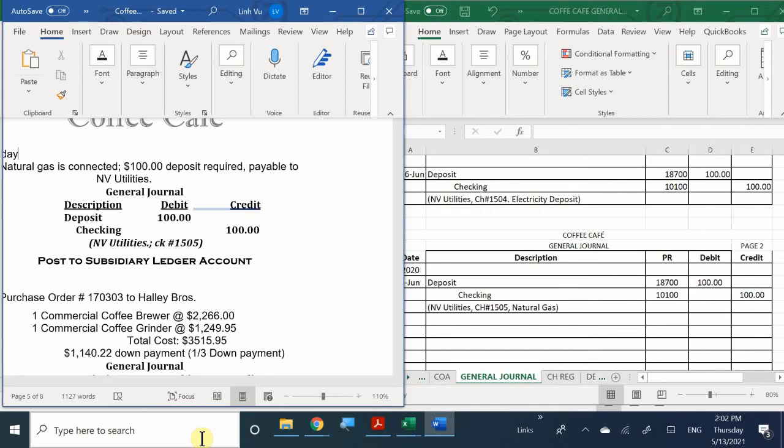And here is the price point that they have in their inventory book. So this is what I am researching, and this is what I am requesting from them. In grand total, it's going to be $3,515.95. Now, of course, when I called them up, they said that because this transaction is so large, they require a 1/3 deposit or down payment for these items.